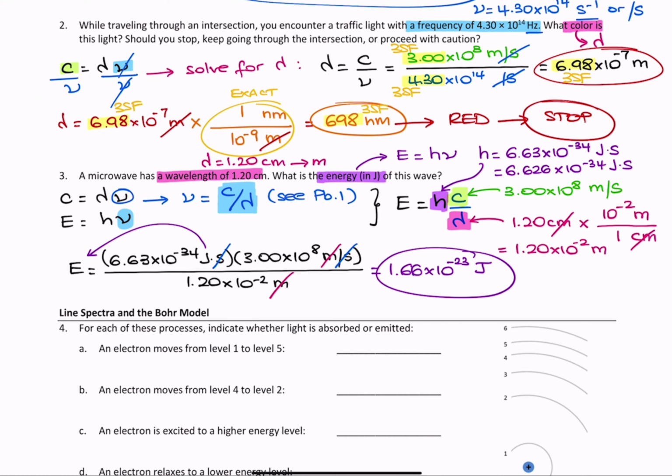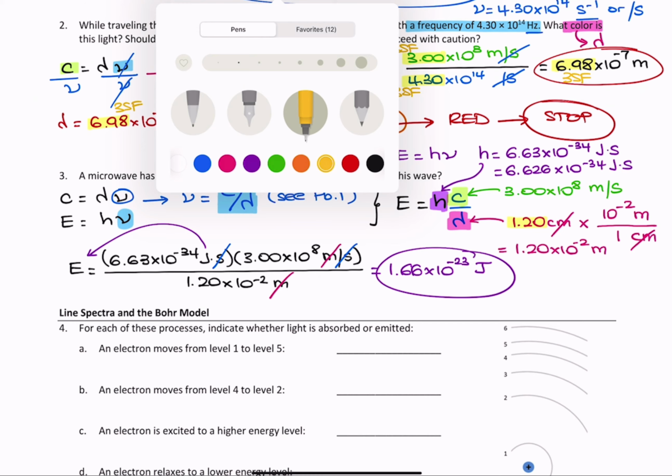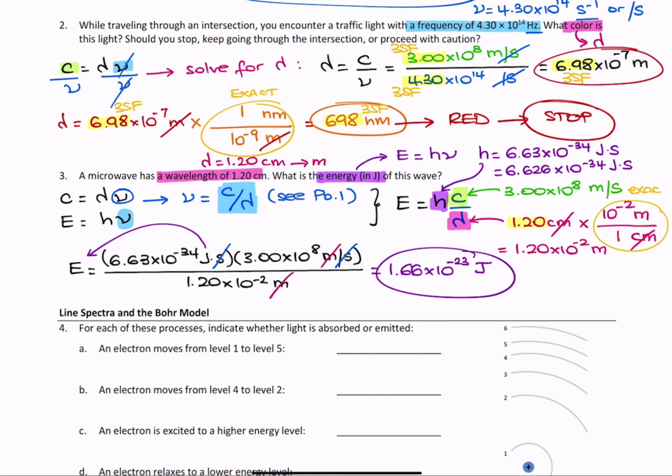Sig figs wise, this conversion factor is exact, so I have 3 sig figs for the wavelength. 3 sig figs here, 3 sig figs here, and 3 sig figs here, so my answer is given to the least amount of sig figs, which is 3, as 1.66 times 10 to the negative 23.